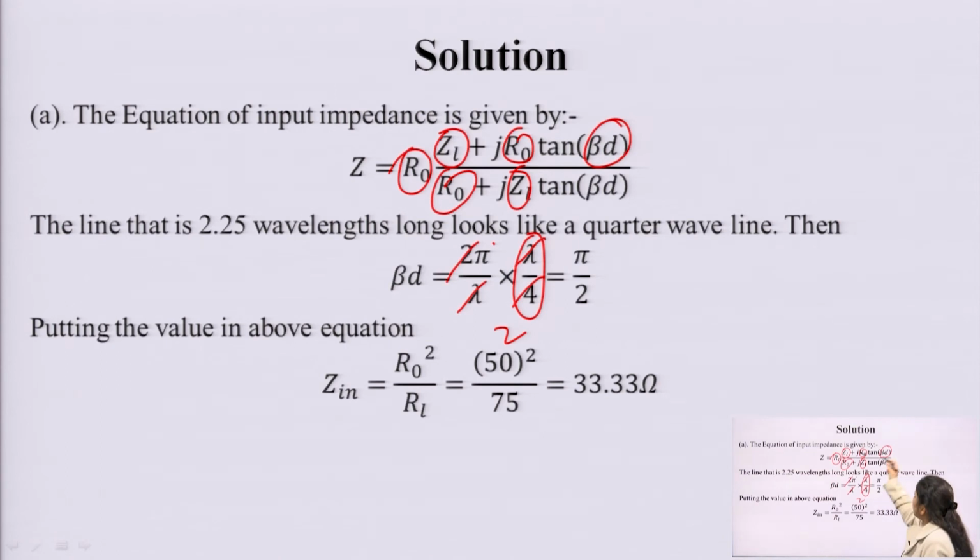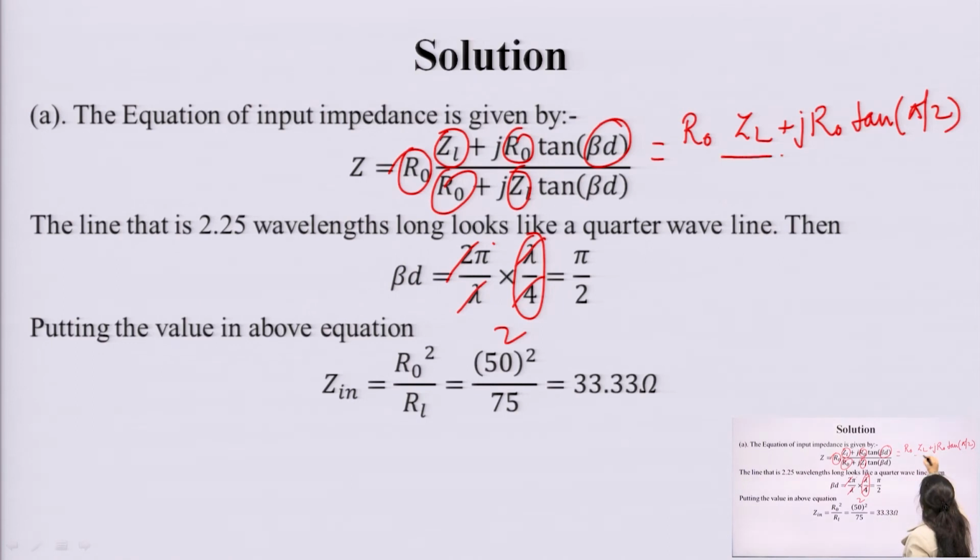So, when we put this in the equation, what we will get is R naught times ZL plus J R naught tan pi by 2, over R naught plus J ZL tan pi by 2.